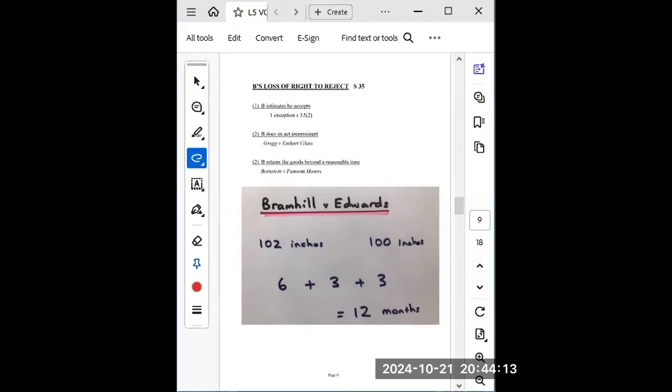The buyer knew about the defects and he chose to keep the machines. The buyer lost his right to reject. Of course, it doesn't mean the buyer has no remedy. Of course not. The buyer is entitled to damages for all his direct loss, but the buyer cannot reject the machines.